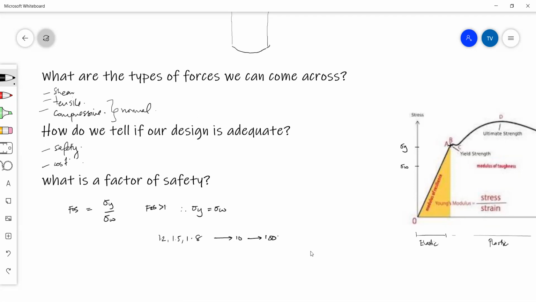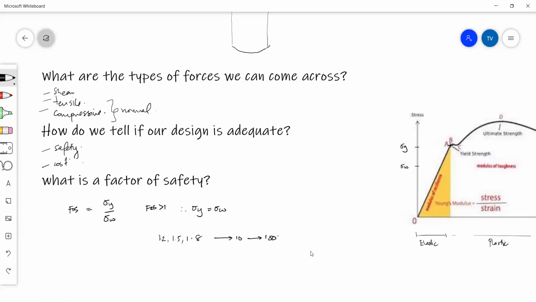But bear in mind, you might ask the question, why not just make everything to a factor of safety of 100 and make sure it's 100% safe? And that's where we come back to safety versus cost. Because in order to make something safe, it usually means you have to either add more material or make it out of a more expensive material, a stronger material. And those are generally more expensive.